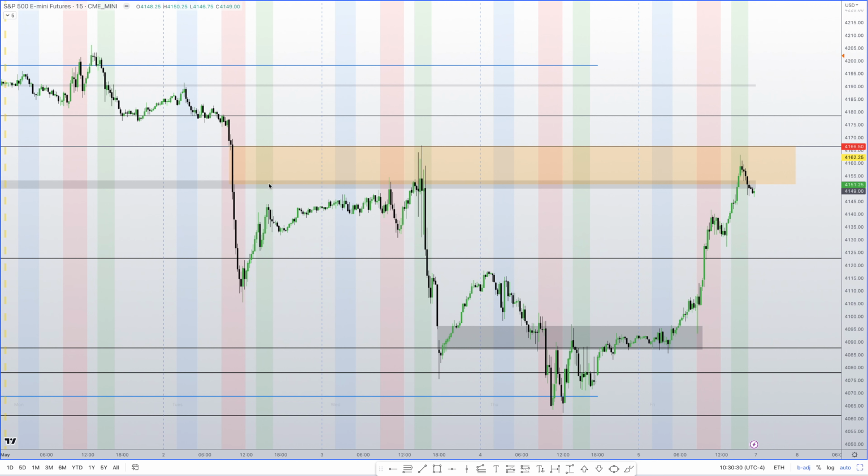But you essentially want to pair up a daily key level with a lower time key level after, this is very important, after you have determined your bias, after you know where price is most likely to go. When that all lines up, that is when you can enter a trade.